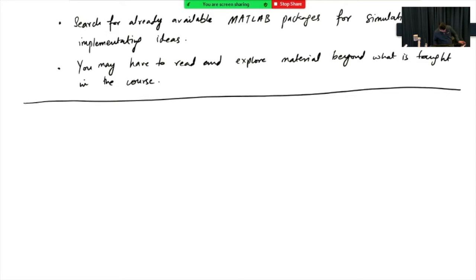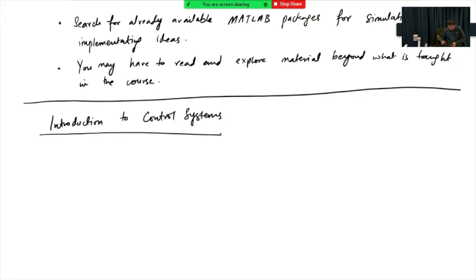Okay, I guess we can get started on the course contents. So this course broadly is on control systems, and when we talk about control systems, they are all around us, and probably you're also familiar with them from your previous courses or undergraduate.